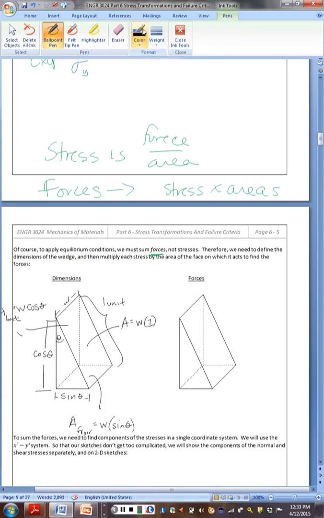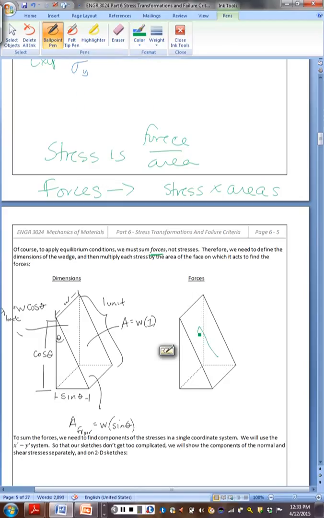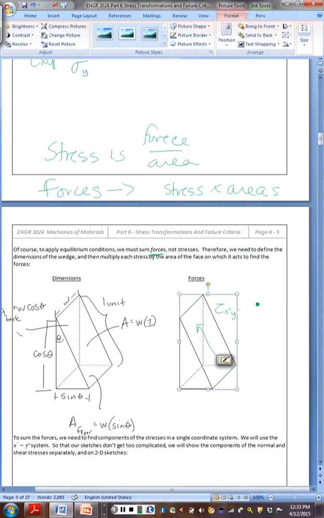How does that translate into forces? For our shear stresses, the shear stress along this direction, we need to multiply that times the area of that face, which is W. So we have tau x prime y prime times W. For the force acting on the bottom face, for that resultant, we have tau xy times the area of the bottom, or the floor, which is W sine theta.